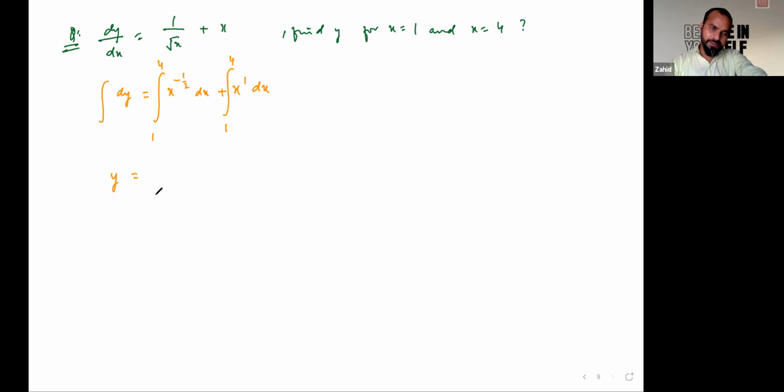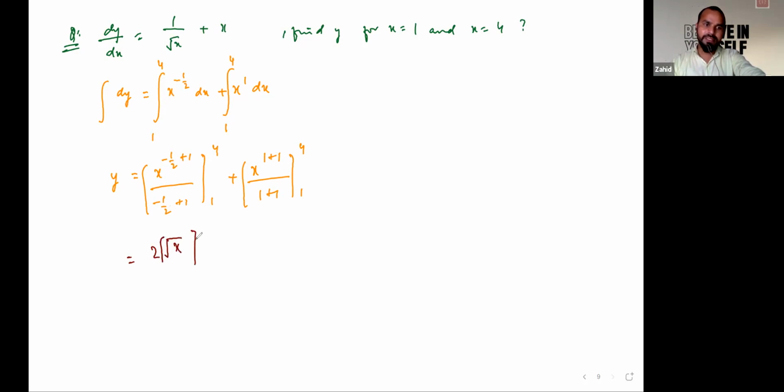Integration of this part would be x raised to the power minus half plus 1 divided by minus half plus 1 with limit 4 and 1, plus x to the power 1 plus 1 divided by 1 plus 1 with limit 4 and 1. Now minus half plus 1 will be plus half, and this will be plus half. So it becomes 2 times x raised to the power half, meaning under root of x, with limit 4 and 1. Is it clear?